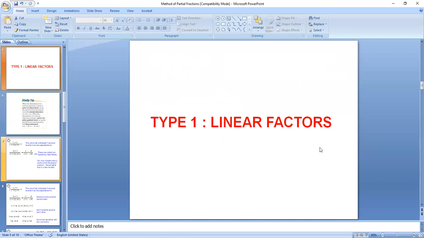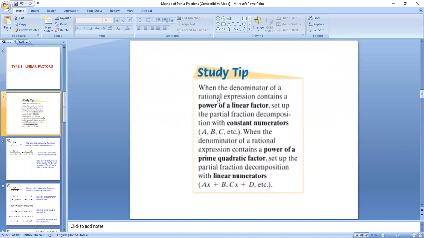Now, how do we go about determining this? When the denominator of a rational expression contains a power of a linear factor, set up the partial fraction decomposition with constants A, B, C as your numerators.